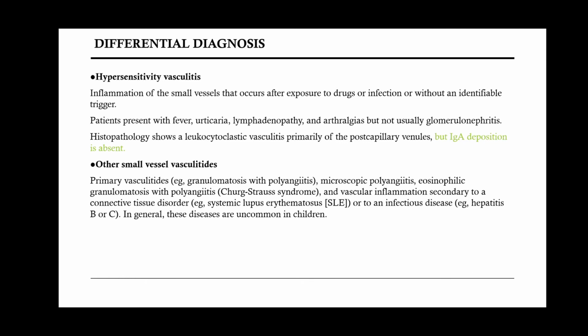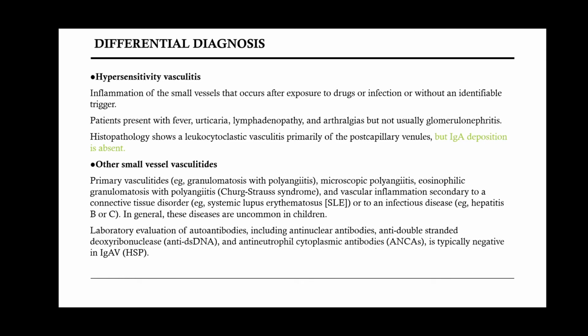Other small vessel vasculitides are uncommon in children. Laboratory evaluation of autoantibodies, including anti-nuclear antibodies, anti-double-stranded DNA, and anti-neutrophil cytoplasmic antibodies (ANCAs), is typically negative in IgA vasculitis HSP.